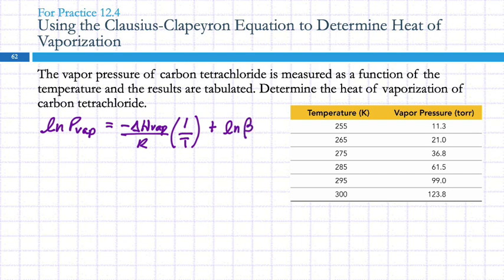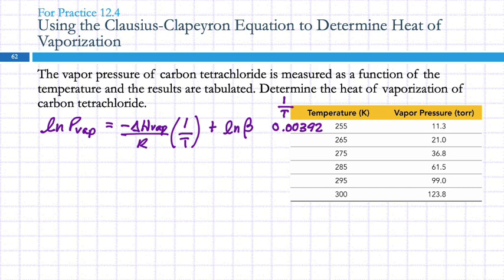So I need to do some calculations on my data. I have my temperature in kelvins, but what I want is 1 over the temperature. So, that first one, I have to have 1 divided by 255. And so that's going to be 0.00392. And so you would do that for each of them.